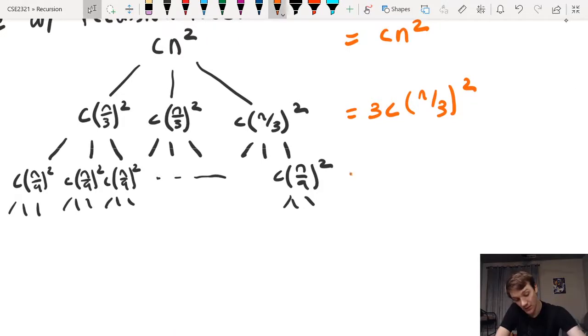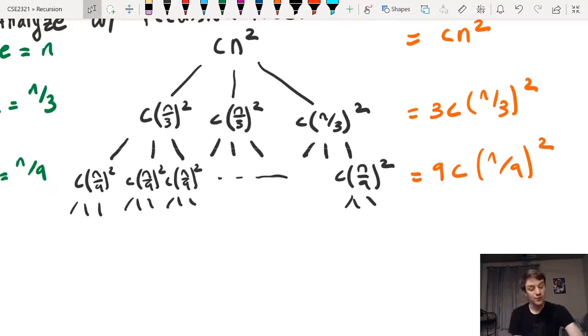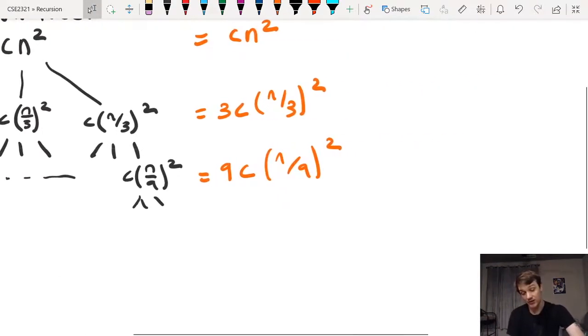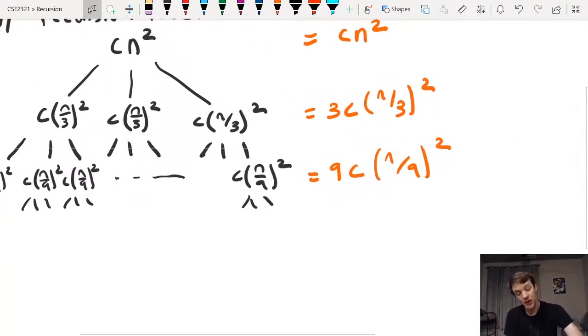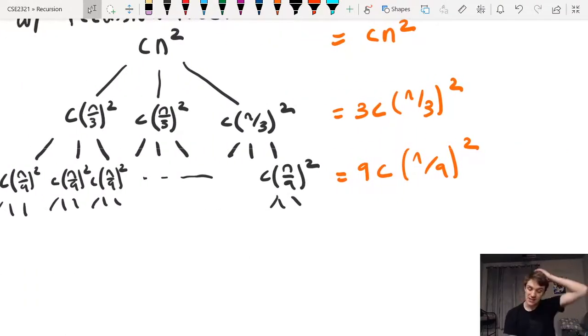The next level, I have 9 copies of c n over 9 squared. Just counting the number of nodes I have. So, if I want to add up all of these, this is different because they vary with our levels. They're not the same. In all of the previous problems we've seen, the cost was fixed at each level.